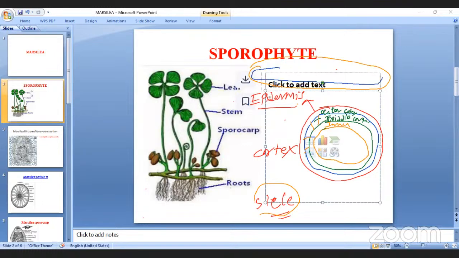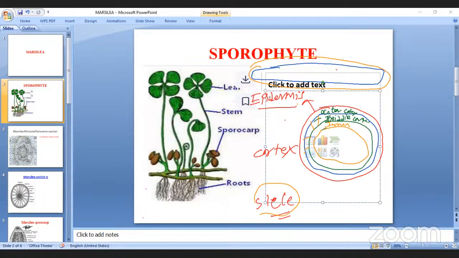This is very, very important. What is the meaning of amphi? Amphi means two, both. Amphibians, for example frogs, utilize two habitats to survive. So amphi means two, and phloic means phloem.